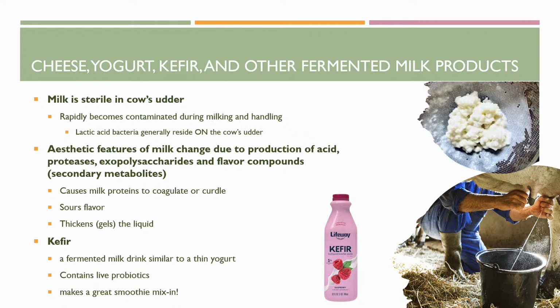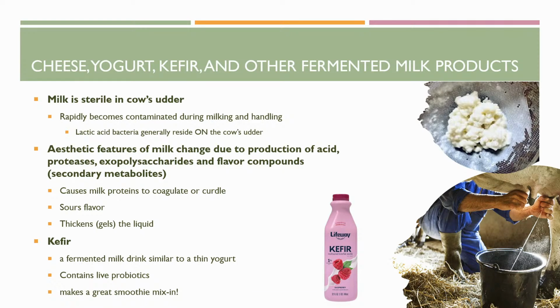So cheese, yogurt, kefir, other fermented milk products, these are usually products made from milk. In the cow's udder, some of you may or may not know this, milk is actually sterile. But while you're milking the cow and handling it, it rapidly becomes contaminated.